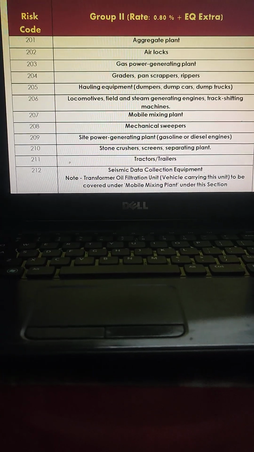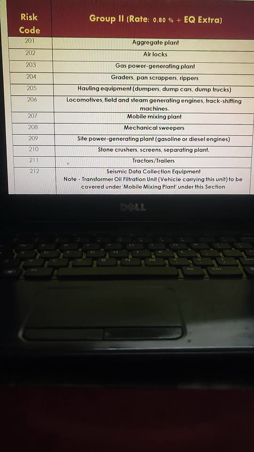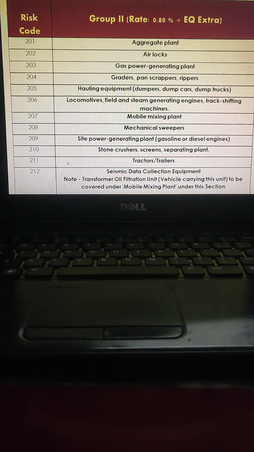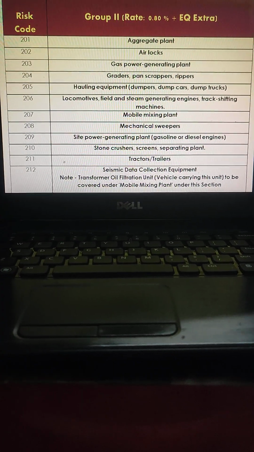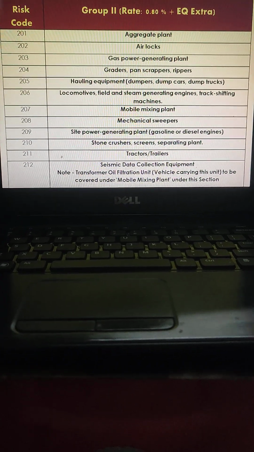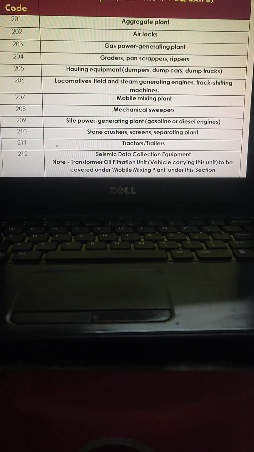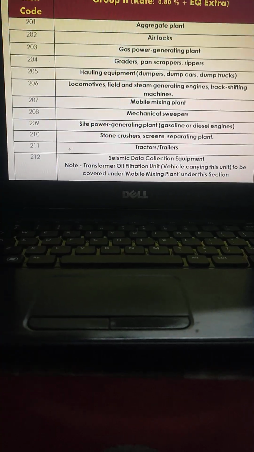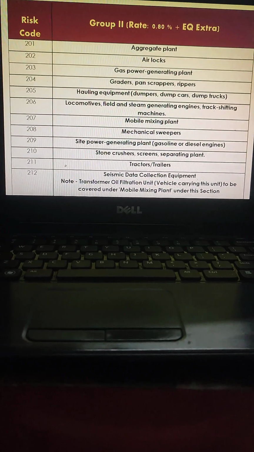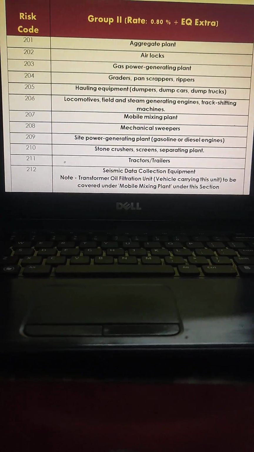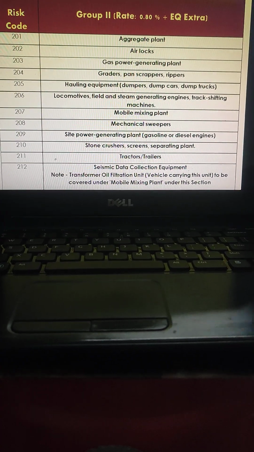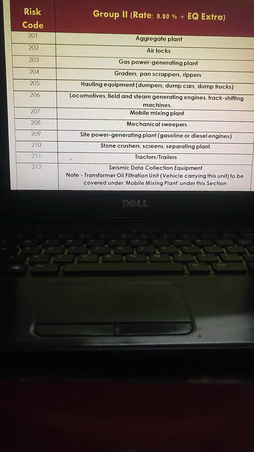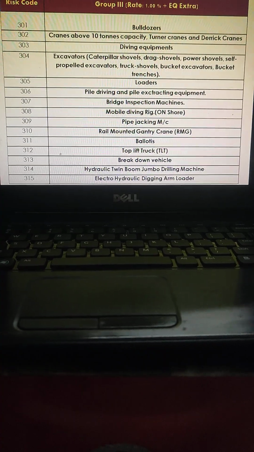Then group 2 includes machineries like aggregate plant, airlocks, gas power generating plant, graders, pen scrapers, trippers, locomotive field and steam generating engines, mobile mixing plant, mechanical sweepers, tractor, trailers, stone crushers, etc. Under this category, the machineries are coded like 201, 202, 203. Rate is 0.80% and earthquake extra. So this is group 2.